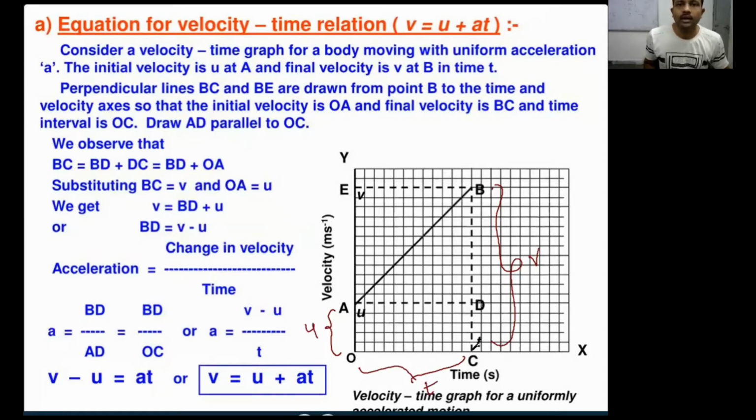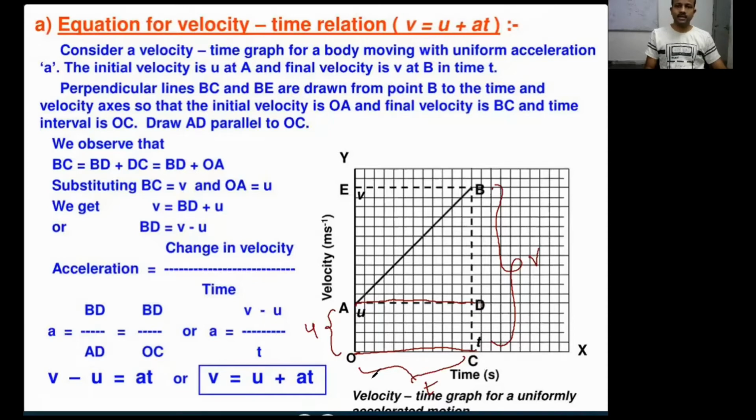And draw AD parallel to OC. So we are plotting one line AD, which is parallel to OC. We observe that BC equals BD plus DC. From this line we can write BC equal to BD plus DC. This one is BD and this one is DC.